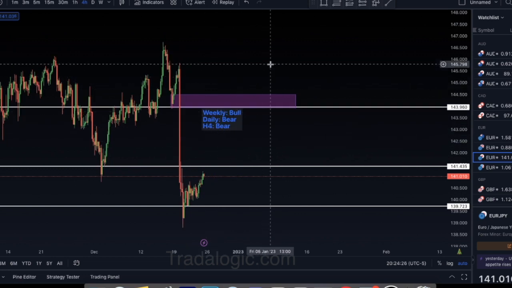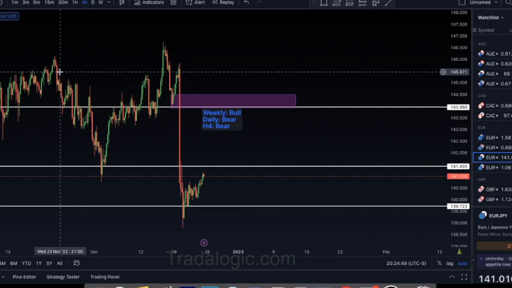So we have three confluences, but I see another confluence right here. It's something I've not talked about because this strategy that I'm teaching right now, I'm not teaching the whole strategy. I'm just trying to show you what I actually go on with when taking my trade.